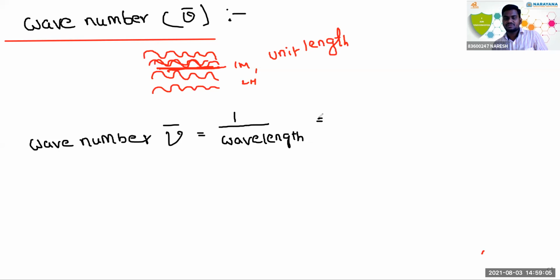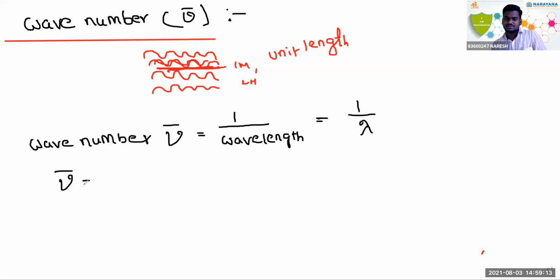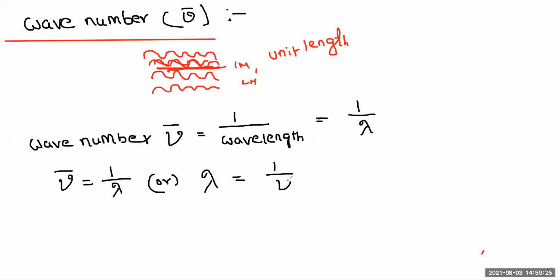So nu bar is equal to 1 by lambda, so it is inversely proportional to wavelength. From that you can write that lambda is equal to 1 by nu bar.